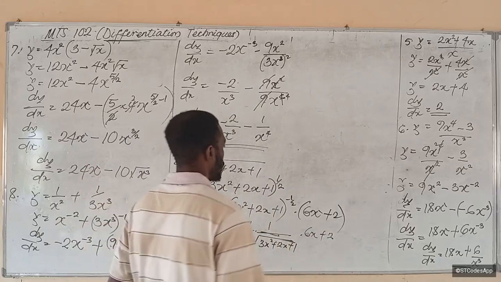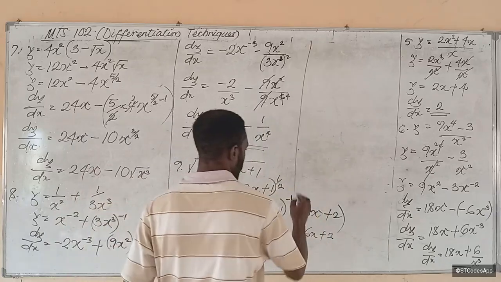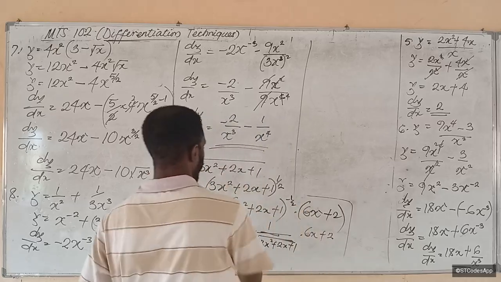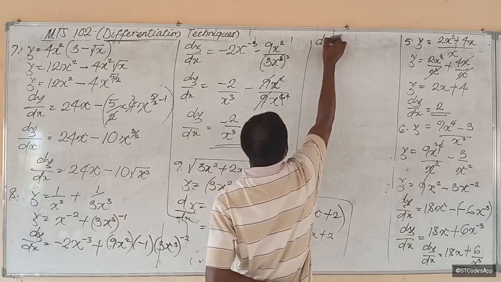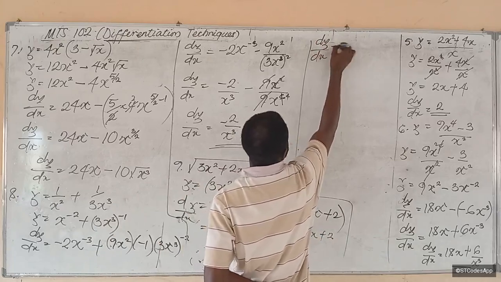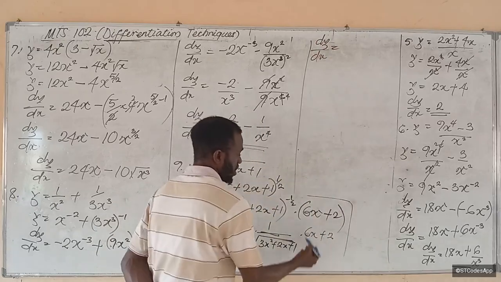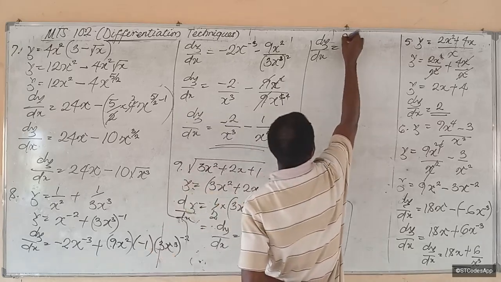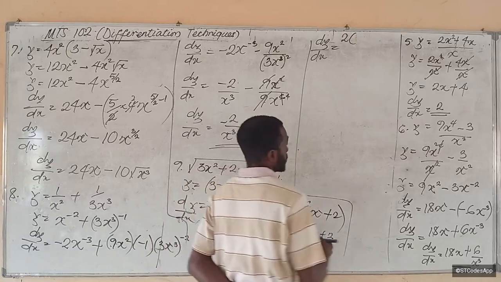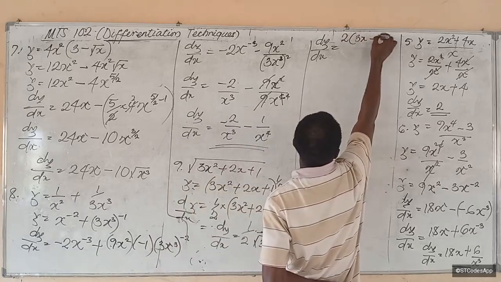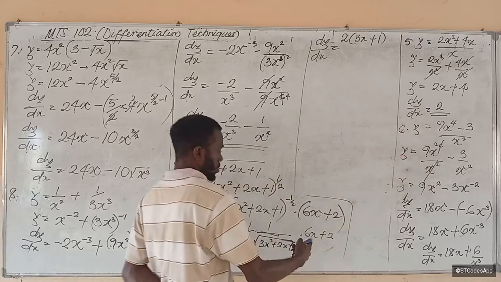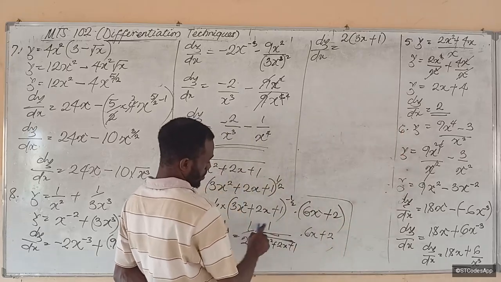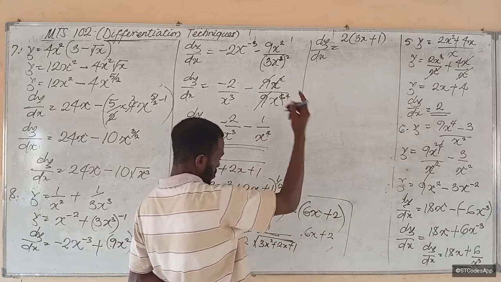All right, so what you want to do, let's bring this up here. So dy dx becomes, now watch this. I can factor out 2 here. If I factor out 2, I'll have 2 into bracket 3x plus 1, right? Because 1 times 1 times this will give me that.